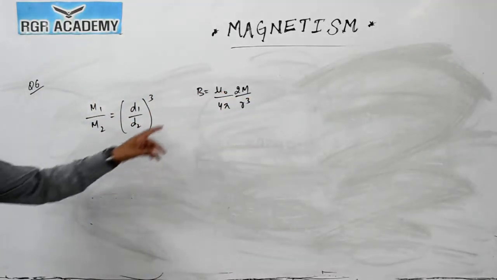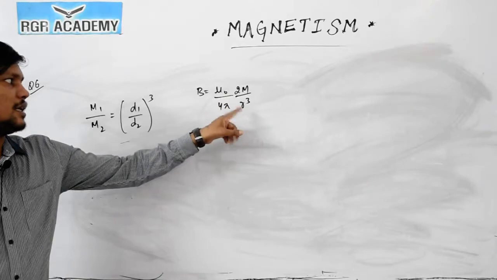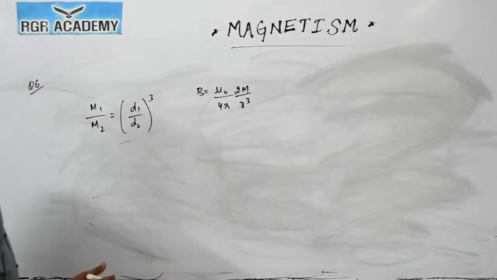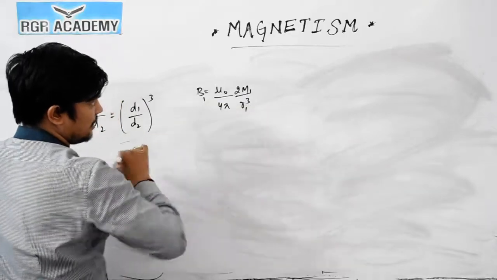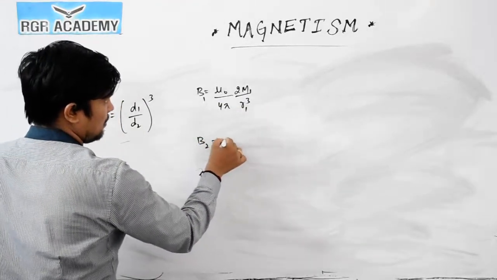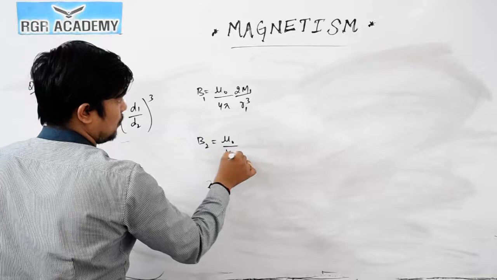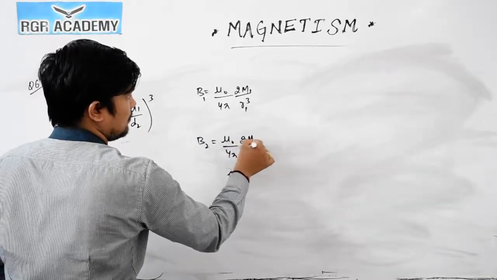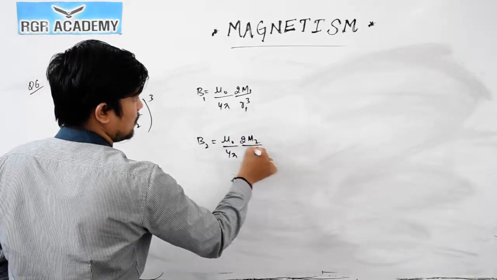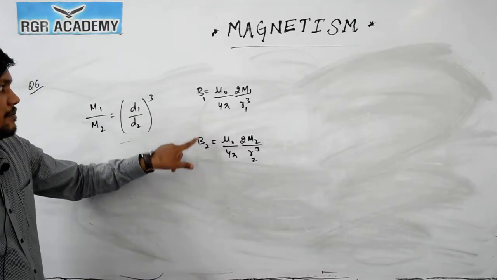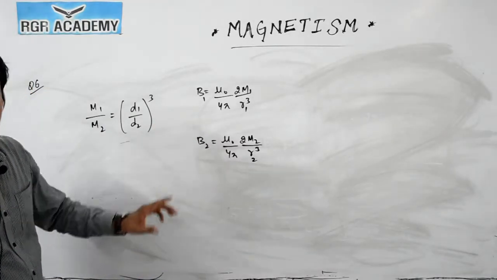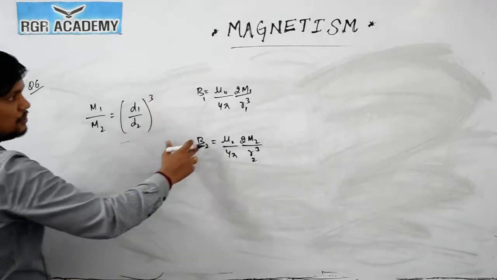Okay. So if you consider this is the magnetic field due to the first one, then this will be R1. Magnetic field due to the second one you can write as mu naught by 4 pi 2 m2 by r2 cube. So now as the magnetic field is 0, both the magnitudes should be equal and the directions should be opposite. So we can say that B1 should be equal to B2.